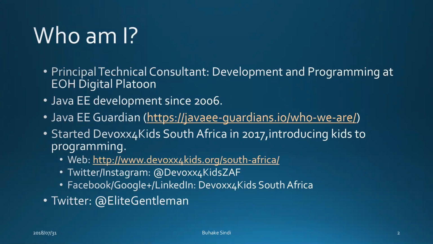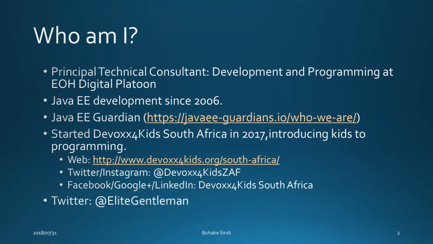If you look at my details on Office 365, it says the first P is missing, so it says incipal technical consultant. Somebody didn't put the P at the front. I've been doing Java EE development for over 12 years now.